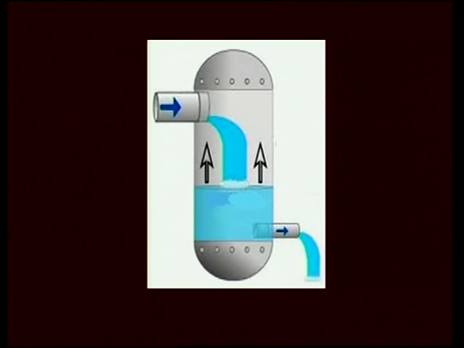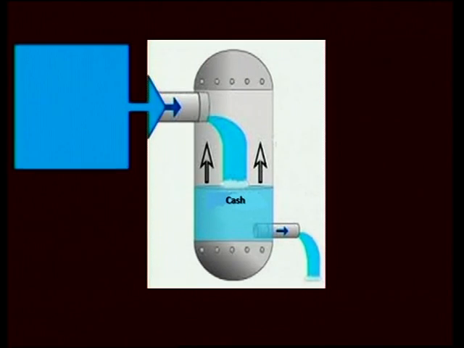So first of all, let's talk about this cash flow. If you look at the following drawing on the slide, it represents a tank. Let's say the tank is the cash in the business, and it's got an inlet and an outlet. So what would make money flowing into the business?